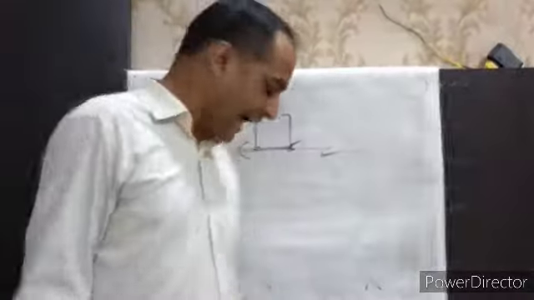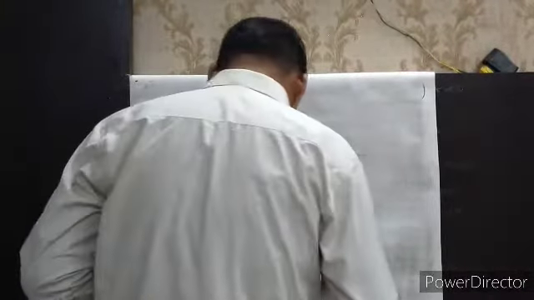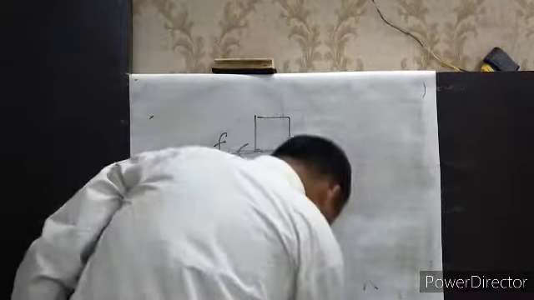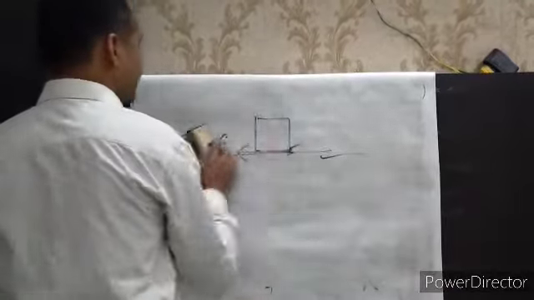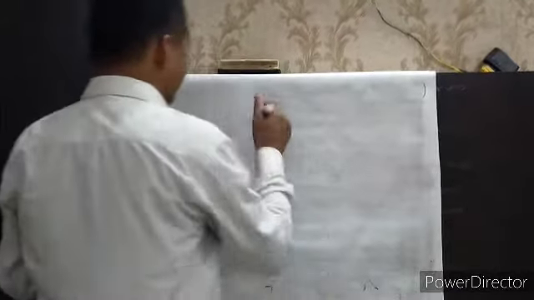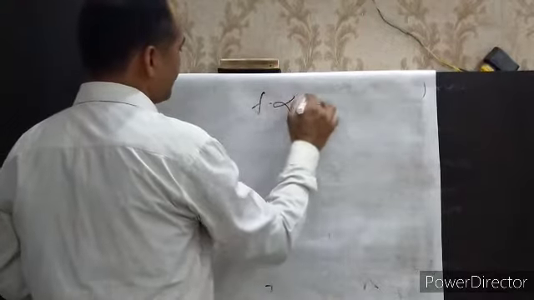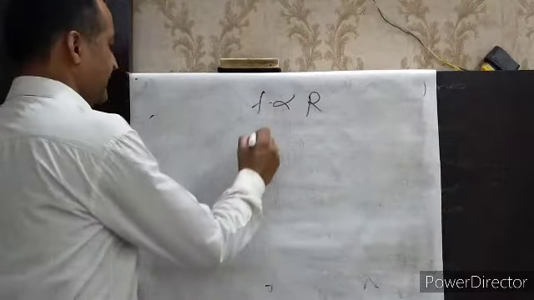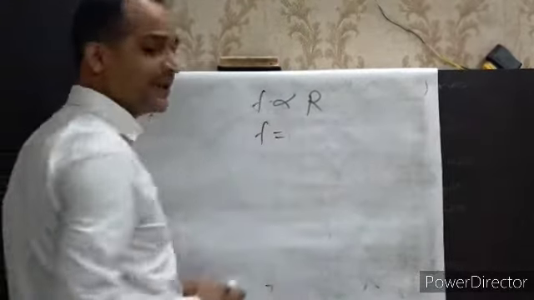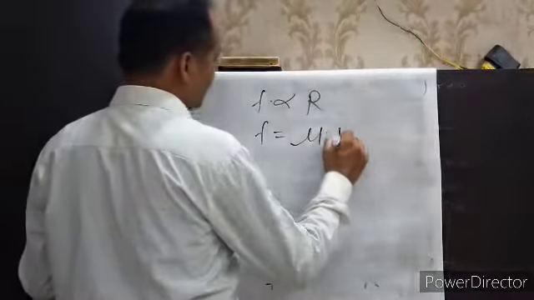This is the second law. And the third one: the friction force is directly proportional to the normal reaction. Clear? Then friction force is equal to a constant times the normal reaction. That constant is mu.